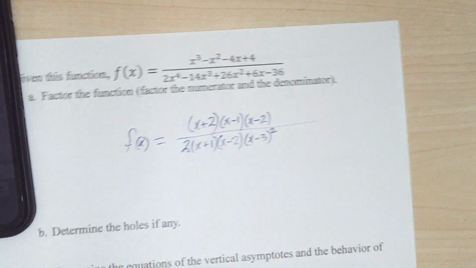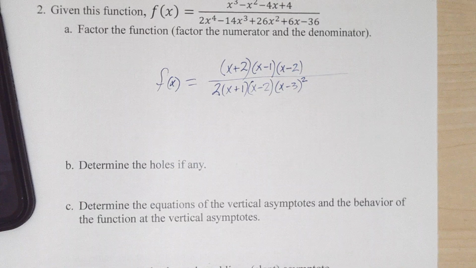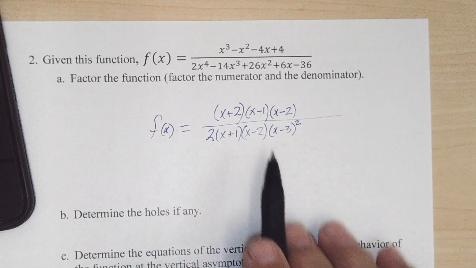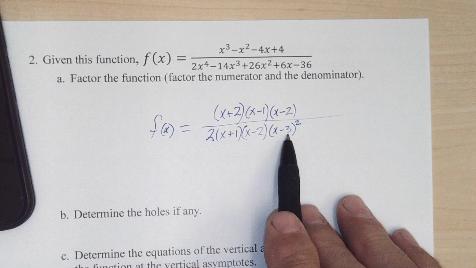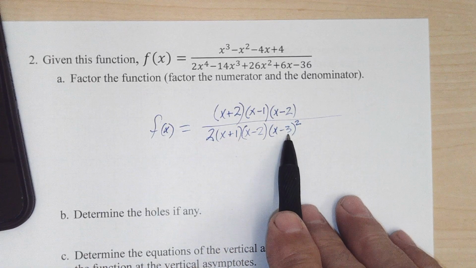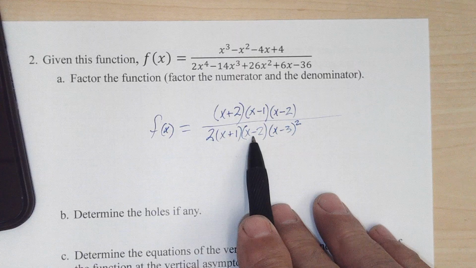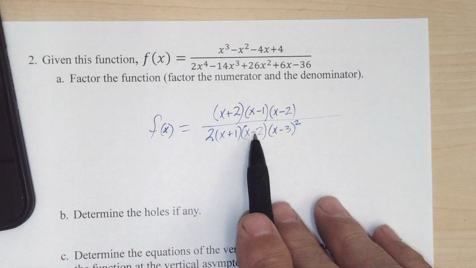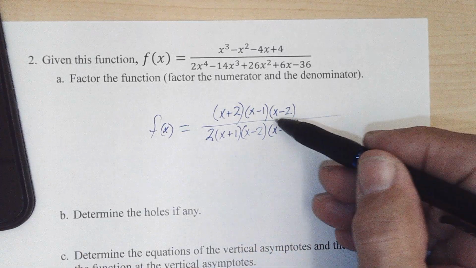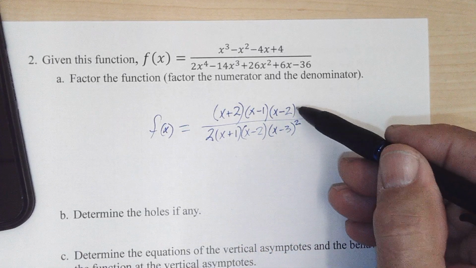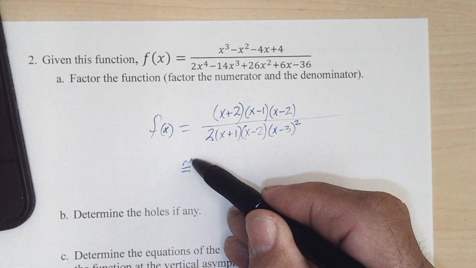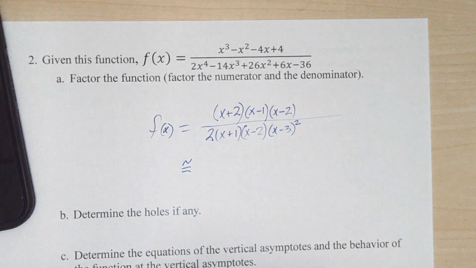Okay? Now, a hole is caused if there's a number that we can't put in because it causes division by 0, but the same factor shows up in the numerator. So these two could be canceled out and we'd get something that's almost the same, but not quite.